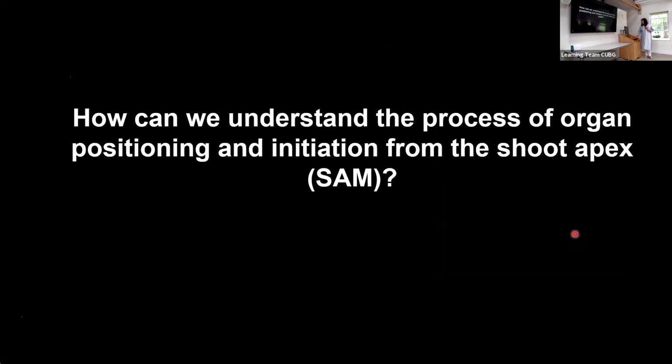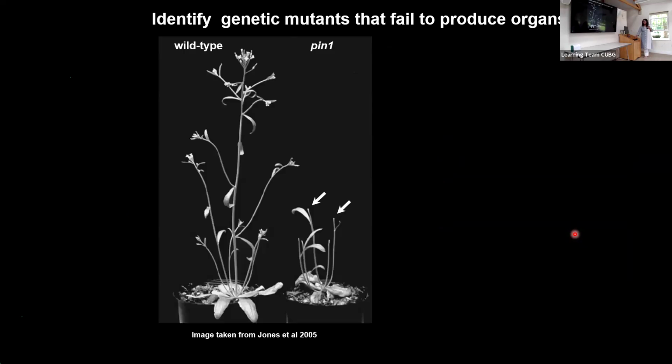Okay. So how can we understand the process of organ initiation like flowers and leaves from the shoot apical meristem? One way is to identify plants that do not form organs in this regular fashion, as in what we call genetic mutants.